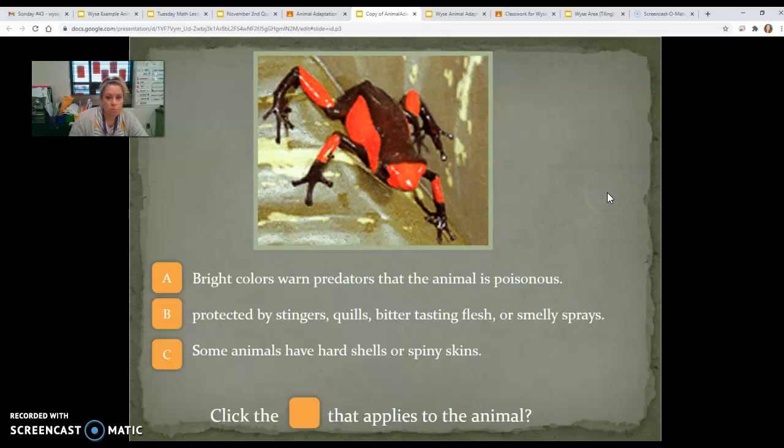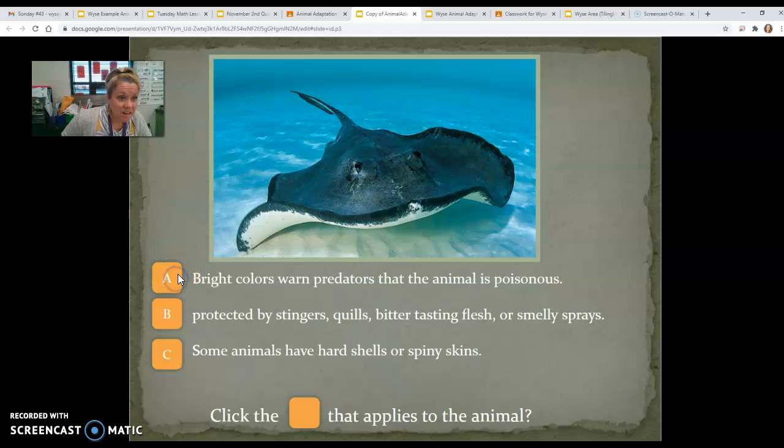What about this poison dart frog? Bright colors to warn predators that it's poisonous? Stingers, quills, smelly sprays, or hard shell and spiny skin? What is it? Yes. If you said A, you are correct. What about this stingray? Bright colors to warn that the animal's poisonous, stingers, hard shells. What do you think?